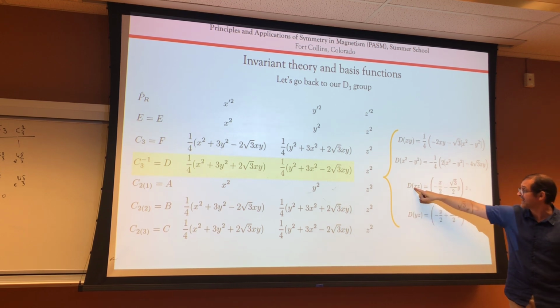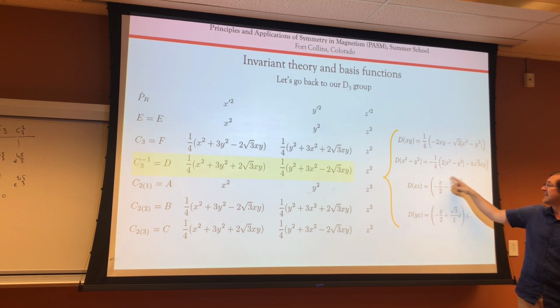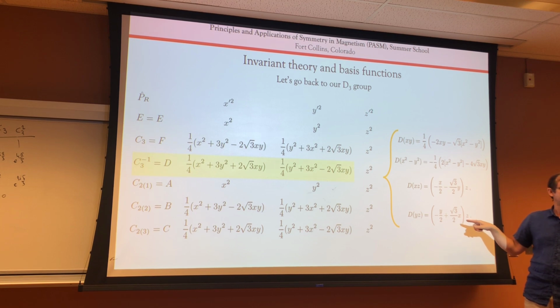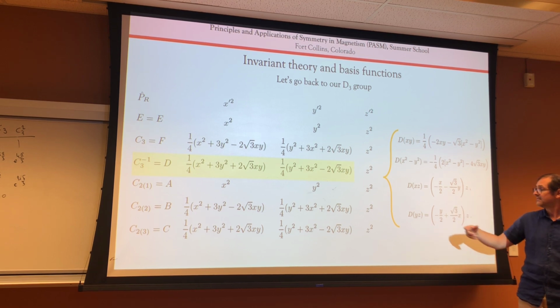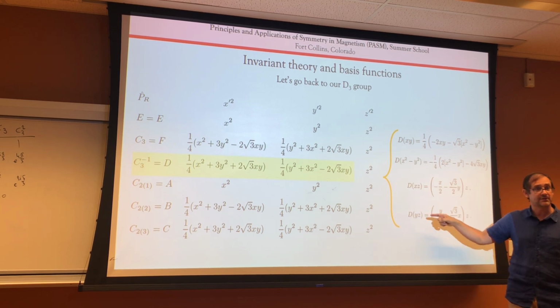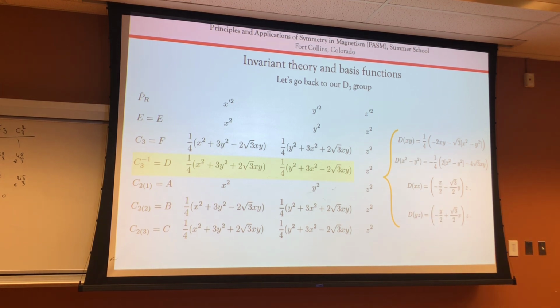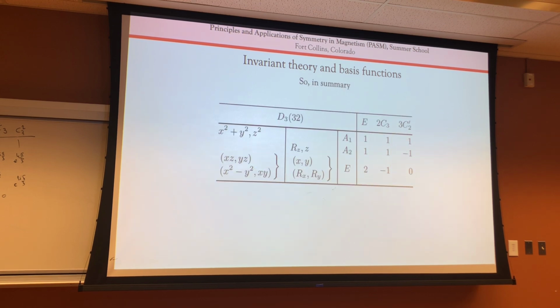Because you see, if I take xz and yz, so xz transforms into xz and yz, and yz transforms into yz and xz. So if I make a vector of that, the xz yz vector transforms into an xz yz vector. Is it okay? So then I have that.